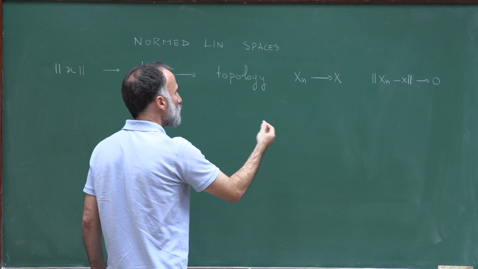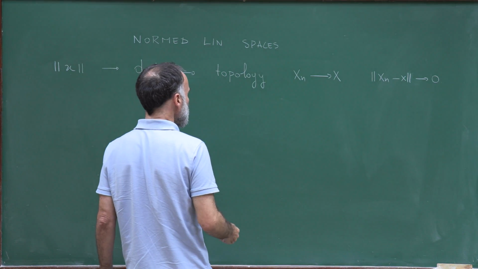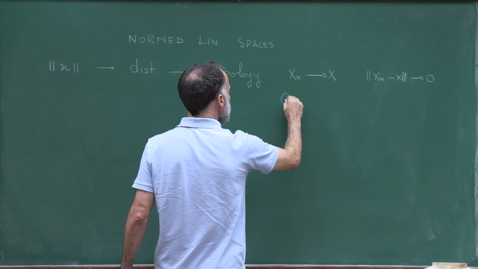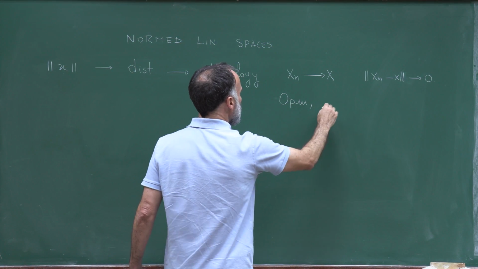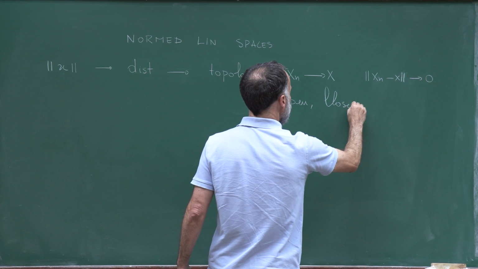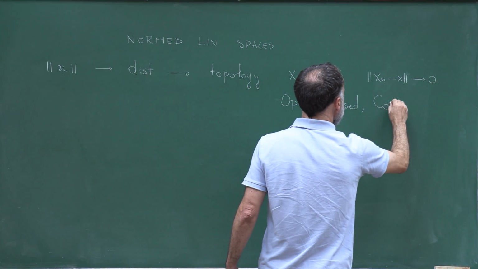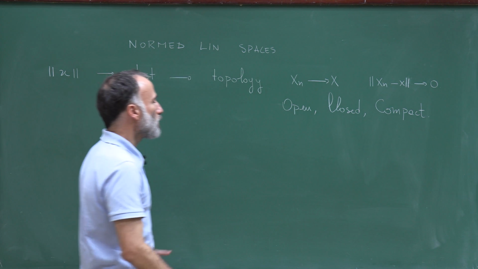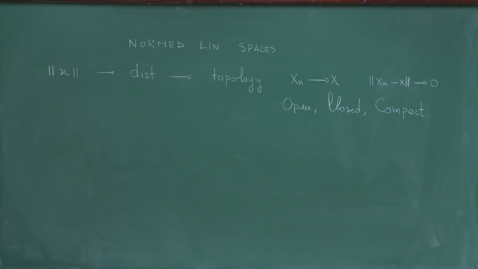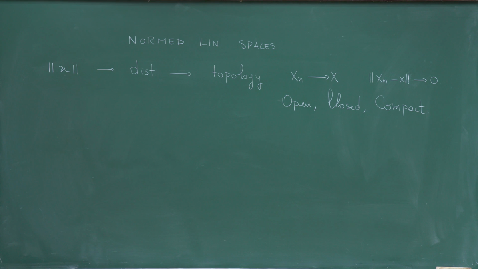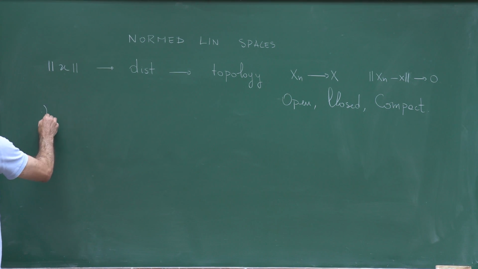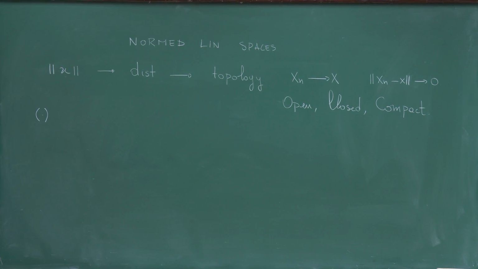And once you define this convergence, you can define open sets, closed sets, compact sets, and these concepts will play a very important role in the theory of normed linear spaces. So this is to mention the distance.